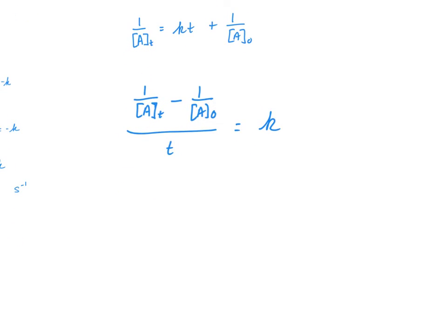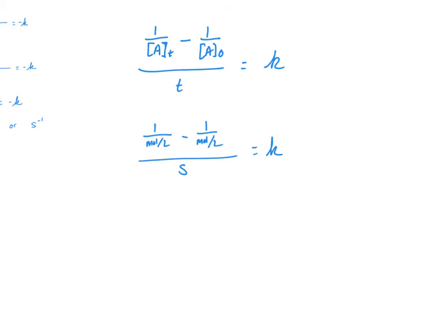All right, so let's plug in our units now. We'll have 1 over moles per liter minus 1 over moles per liter, divided by our seconds, equals k. 1 over moles per liter minus 1 over moles per liter is still 1 over moles per liter.